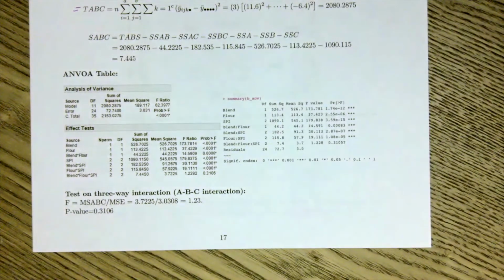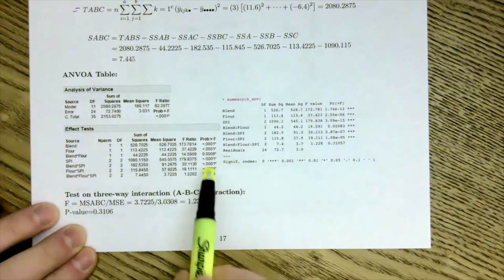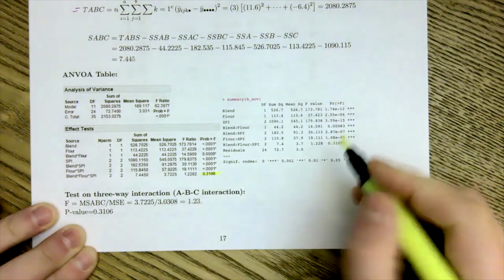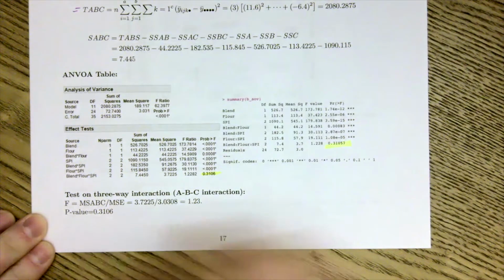So with our ANOVA table, our first thing we want to look at is our three-way interaction term. Our p-value is 0.31.